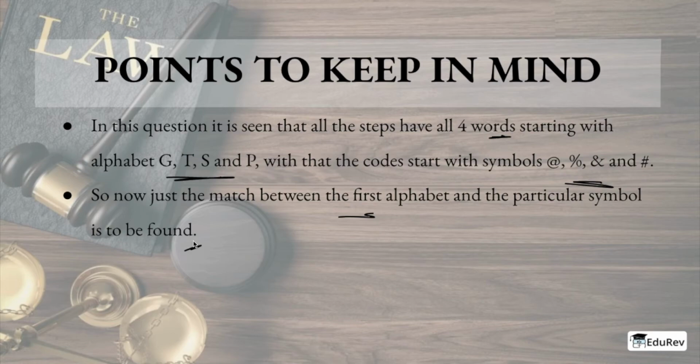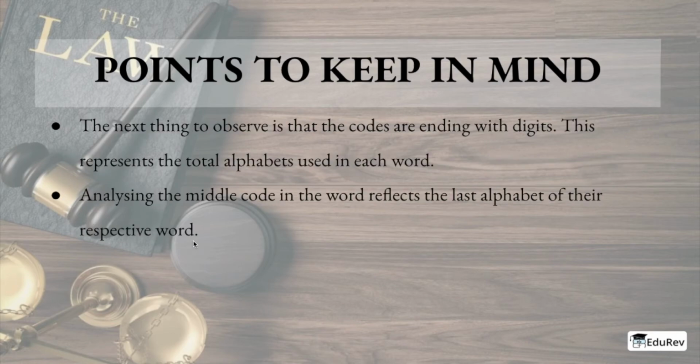Next, observe that the codes end with digits. These represent the total alphabets used in each word, and then we analyze the middle code in the word, which reflects the last alphabet of the respective word. So let's move forward. I hope till here you understood it.